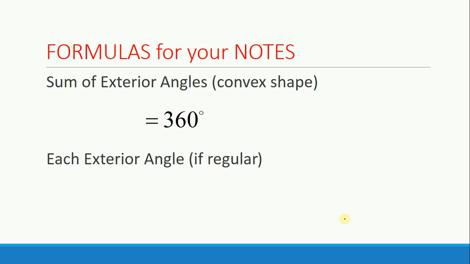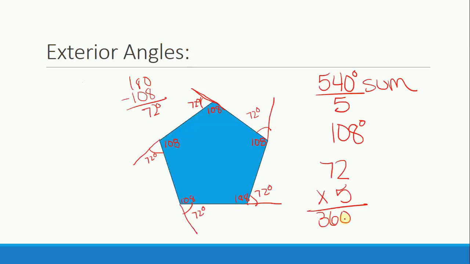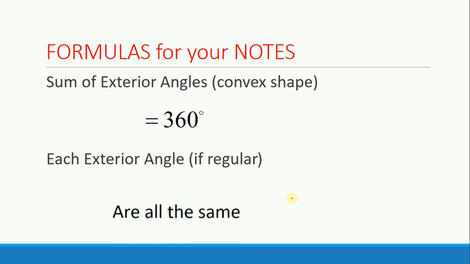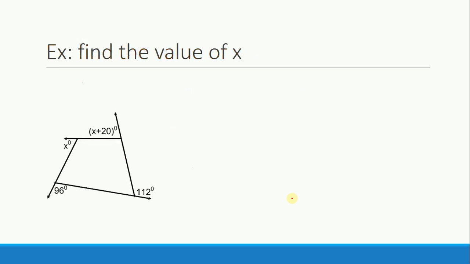Always, always, always will your exterior angles add up to 360. Each exterior angle, if it's regular, is always going to be the same amount. Just like on this one, all of my exterior angles were 72 degrees. That will always happen in a regular polygon.